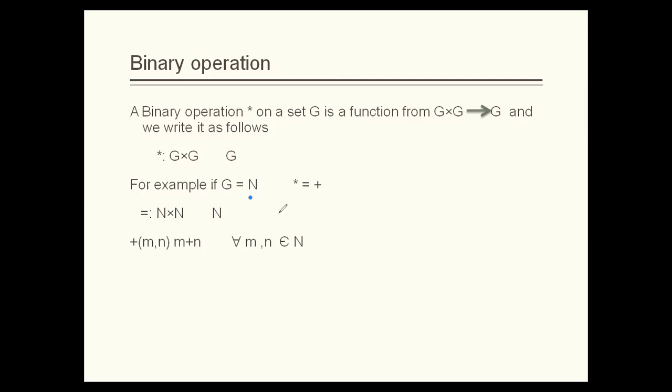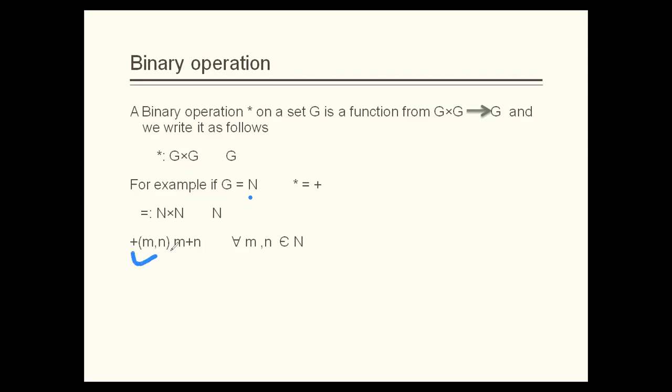Binary operation can be any operation: multiplication, division, but maybe division is not a binary operation, because for a binary operation the condition of closure must exist. If our set under that operation is closed, then it is a binary operation, and if not, then it is not. So take the set of natural numbers, the Cartesian product N cross N, and define addition on it.